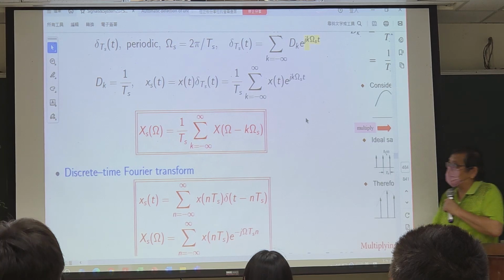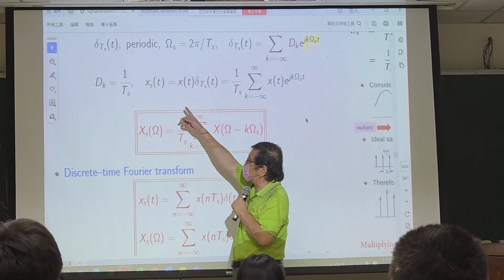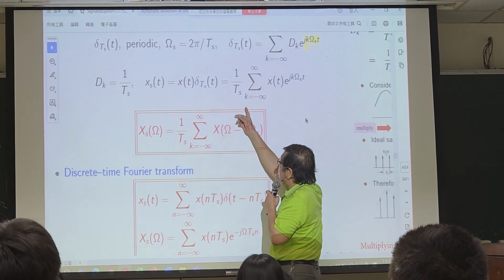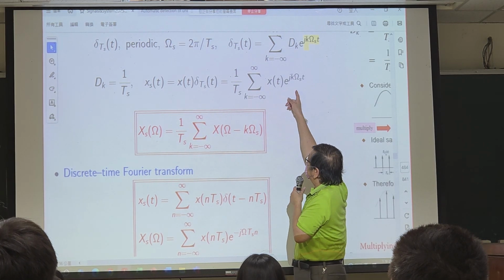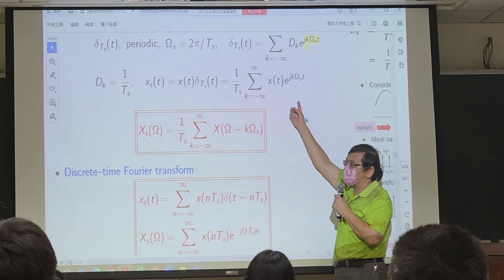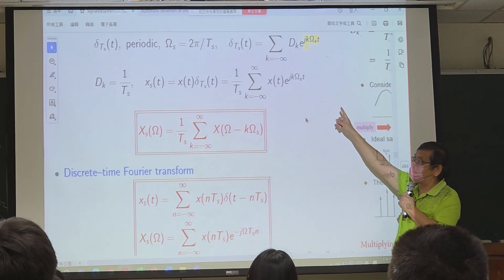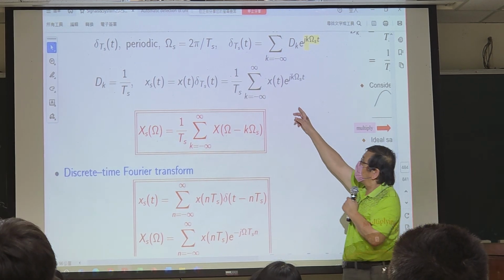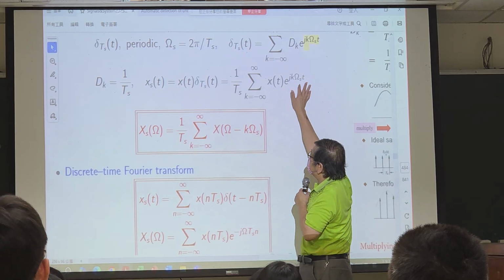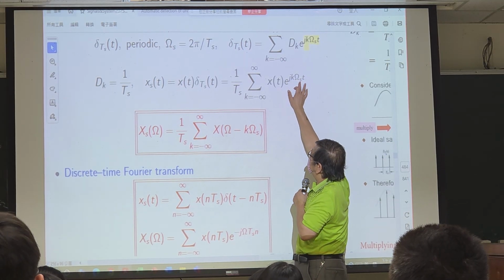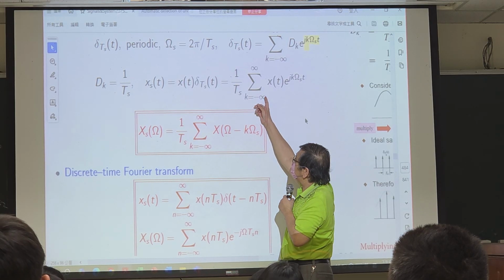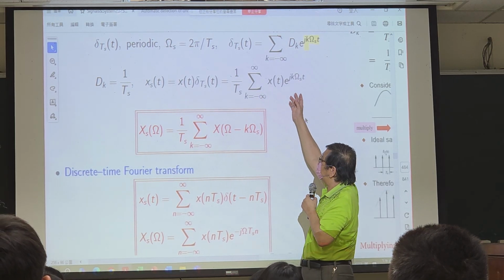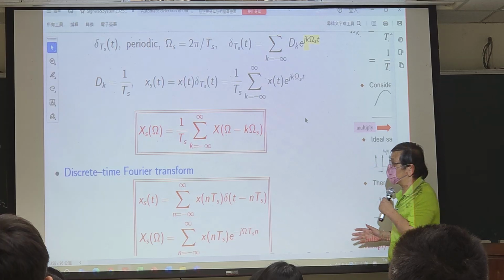So one more time, if we look at the sampled signal, that's s of t, which is equal to x of t times the sinusoidal signal, the complex exponential function. And k goes from negative infinity to positive infinity, so there are an infinite number of terms.